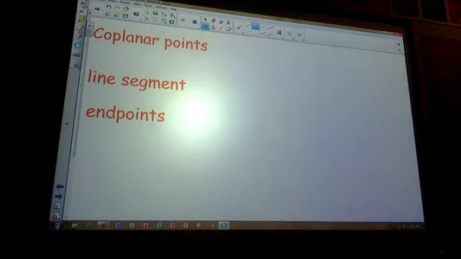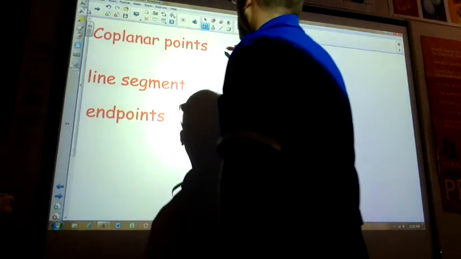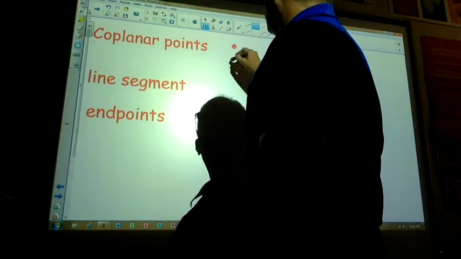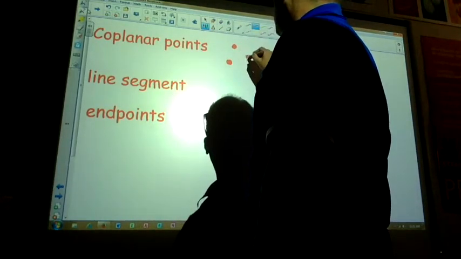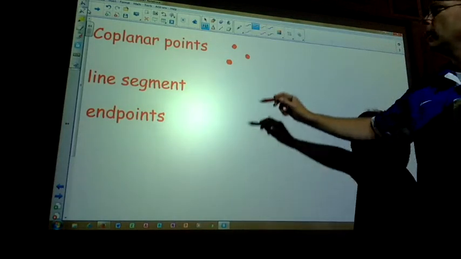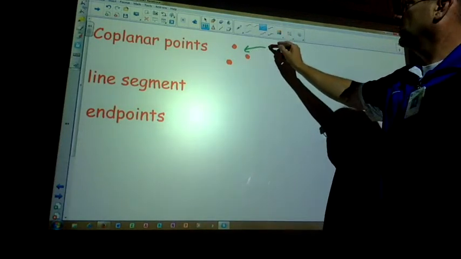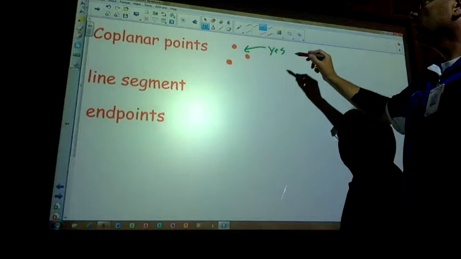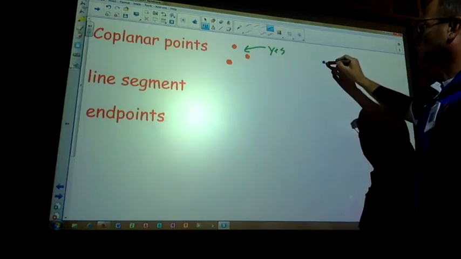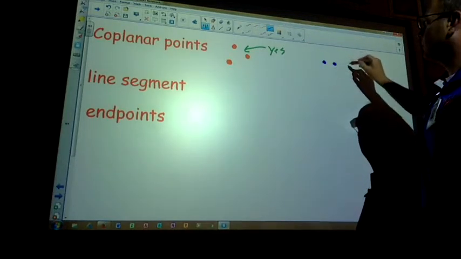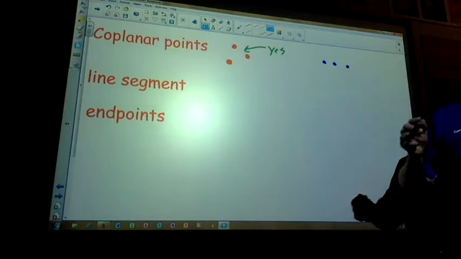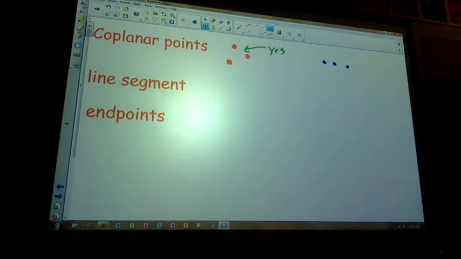Coplanar points are, if you had this, those are coplanar. So I'm going to say yes to that. These are also coplanar but I can't use those to define a plane.